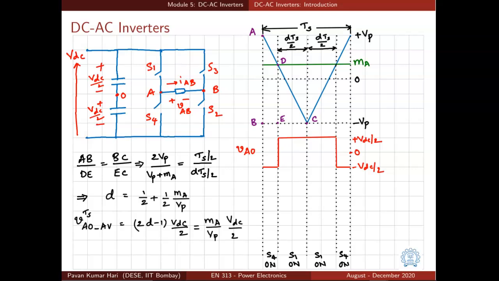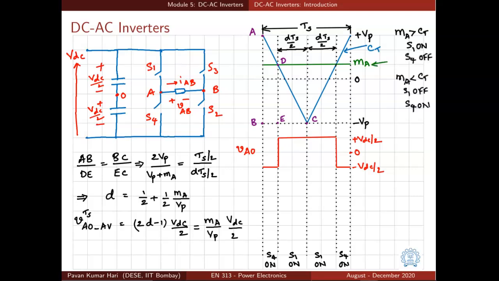So here for our pulse generation, we are considering two signals or two functions. What are those? One function is drawn in blue color, which I am calling Ct, and the other function is drawn in green color, that is Ma.